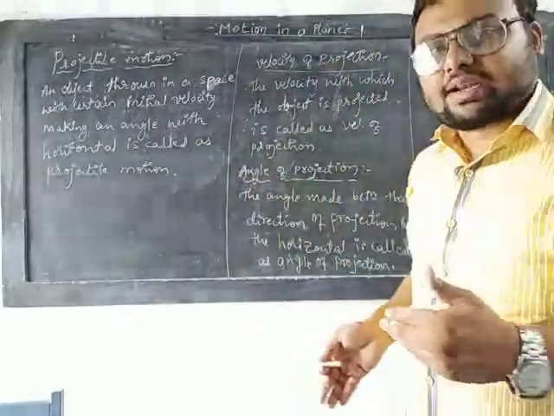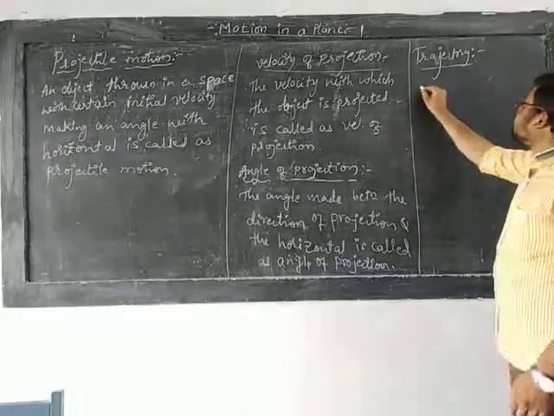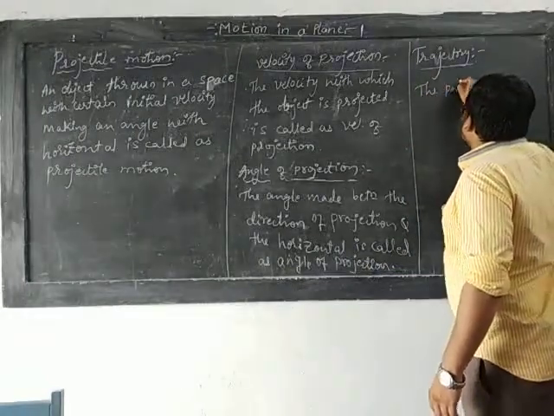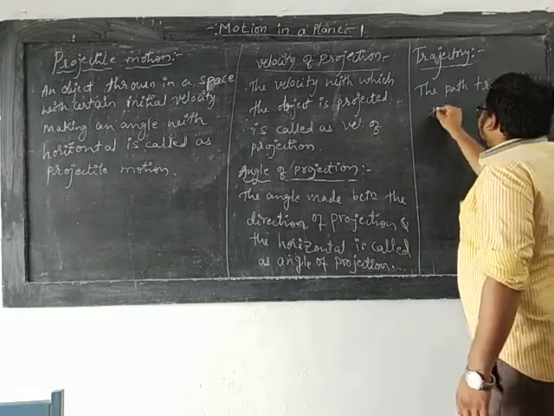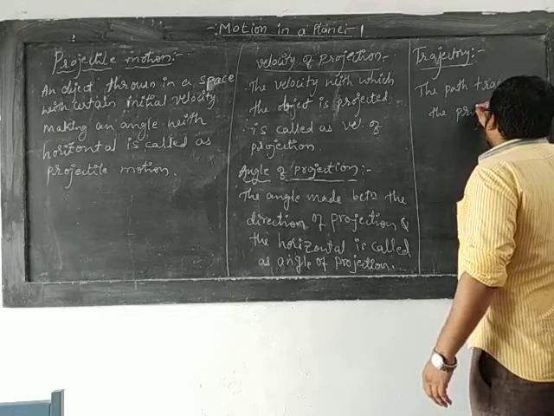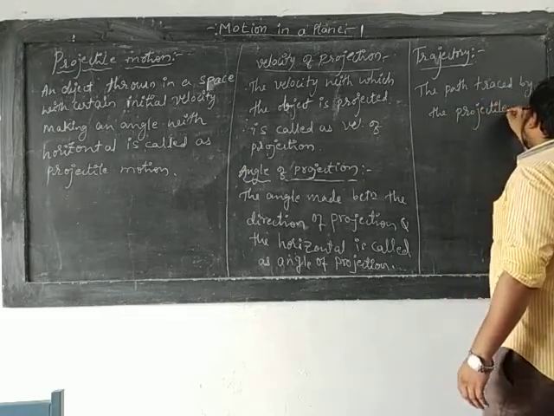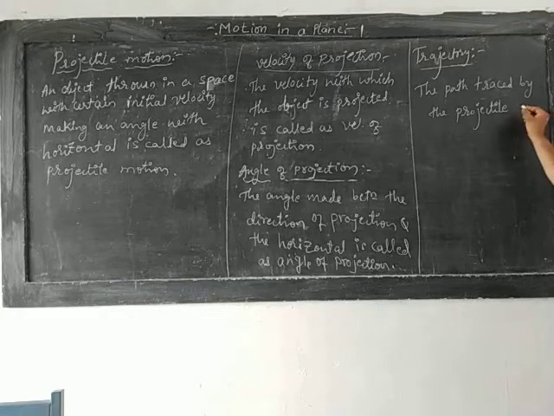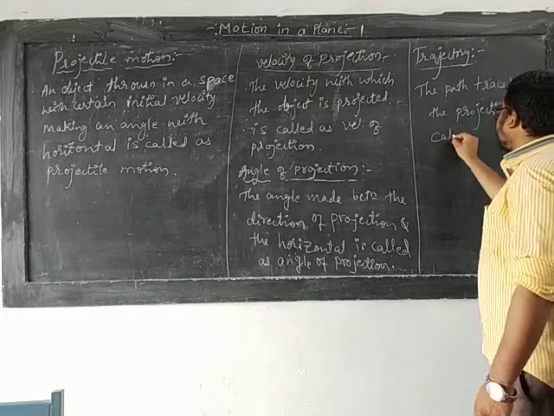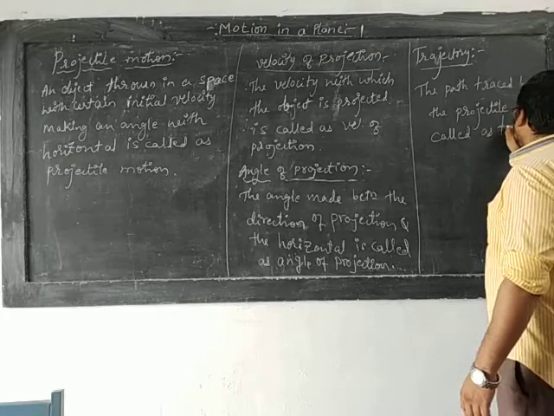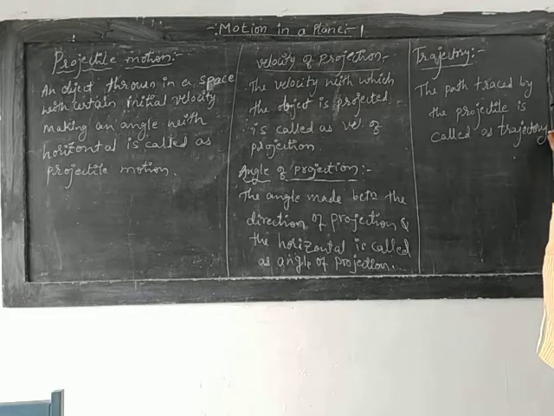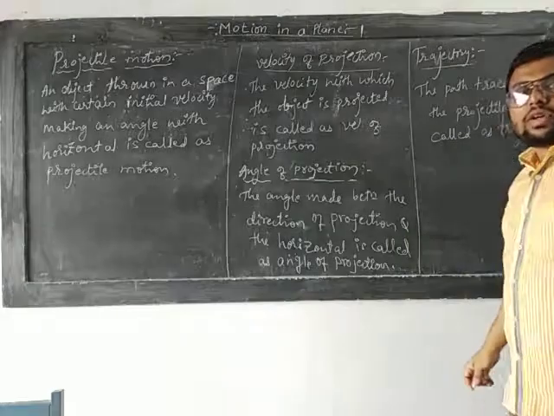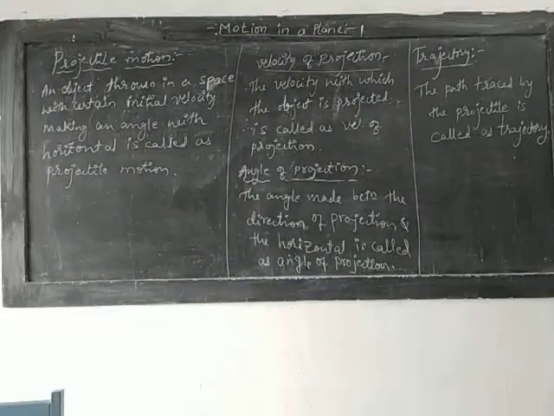The path of the projectile is called as trajectory. The path traced by the projectile is called as trajectory. Take a screenshot and write these all in your notes.